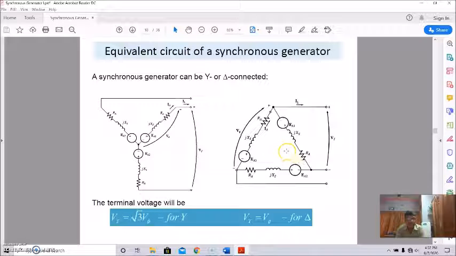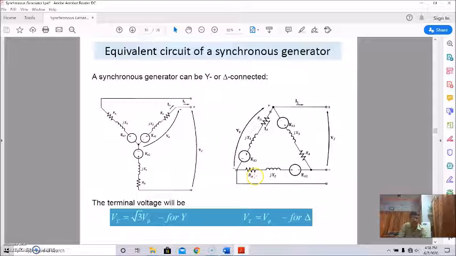And if you see this diagram, this is the phase voltage, and the same thing is the line voltage also. The terminal voltage between two phases is the same as the phase voltage, so the phase voltage and line voltage are the same. This is the line current.